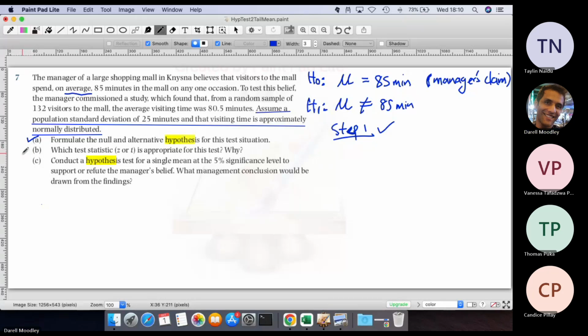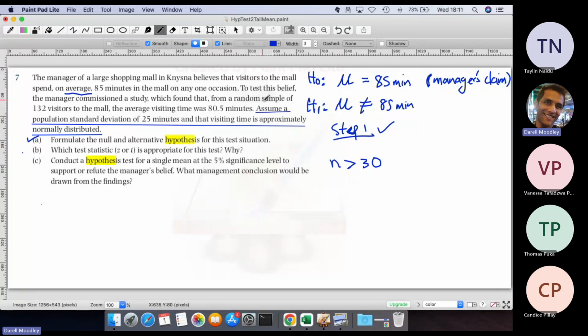Now we're going to answer question B. Which test statistic, Z or T, is appropriate for this test and why? What you need to remember, and you won't need to go into the theory behind this, is the criteria. If your sample size n is more than 30, all right, let's read the question.